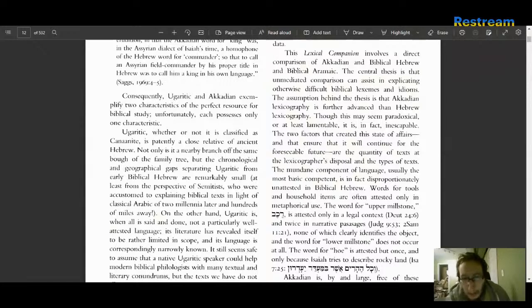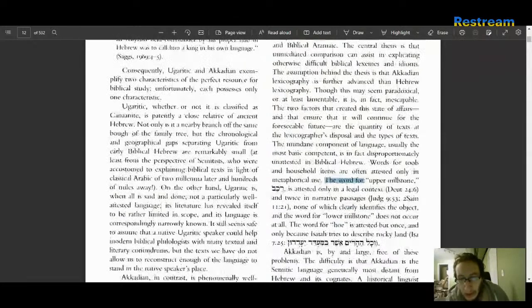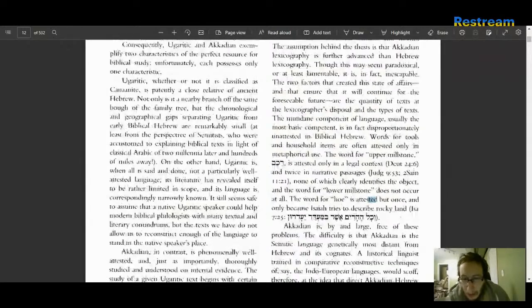Words for tools and household items are often attested only in metaphorical use in the Bible. The word for upper millstone is attested only in a legal context and twice in narrative passages, none of which clearly identifies the object, and the word for lower millstone does not occur at all. The word for hoe is only attested once, and only because Isaiah tries to describe rocky land.